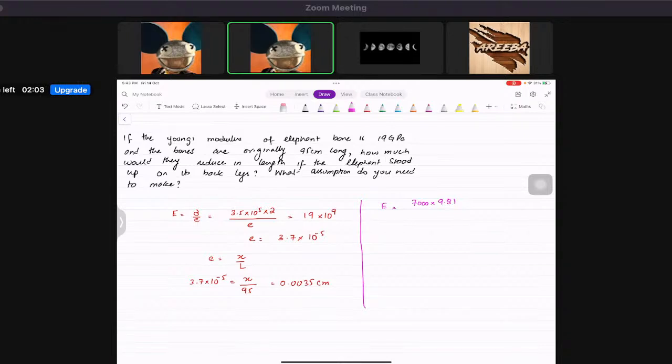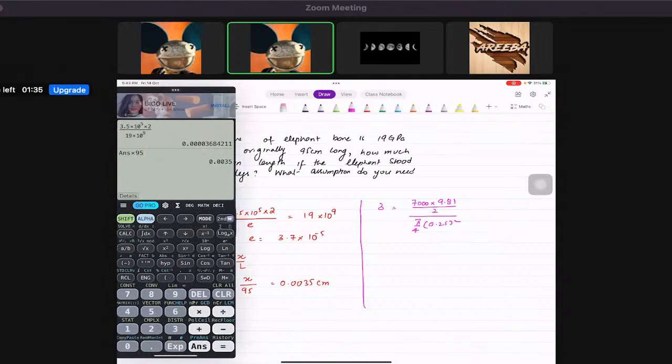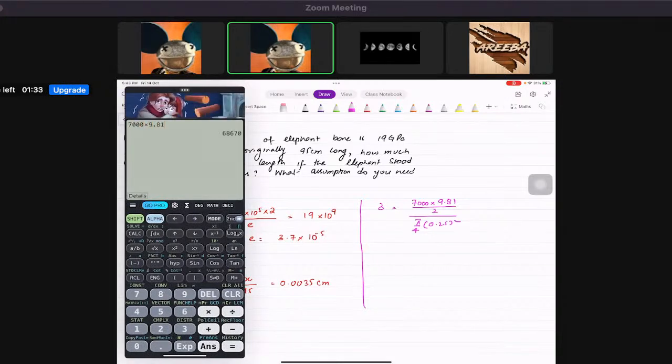That comes on 2 legs, which means the weight has to get halved for each leg, and that is the force, and the area is pi by 4 times 0.25 whole square. So let me just try to find the stress first and see if it is the same that we've been calculating, because I think it should be different, but it's okay.